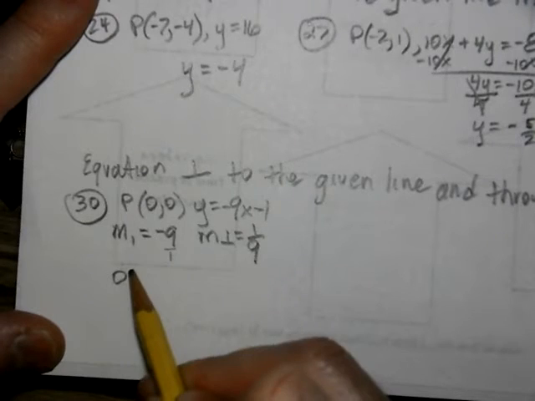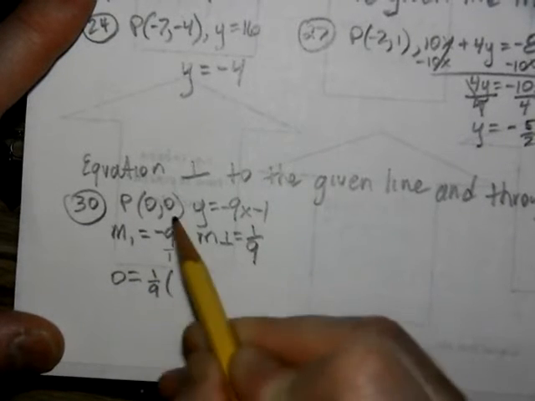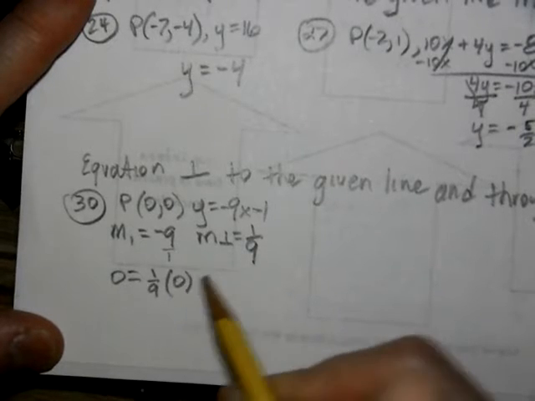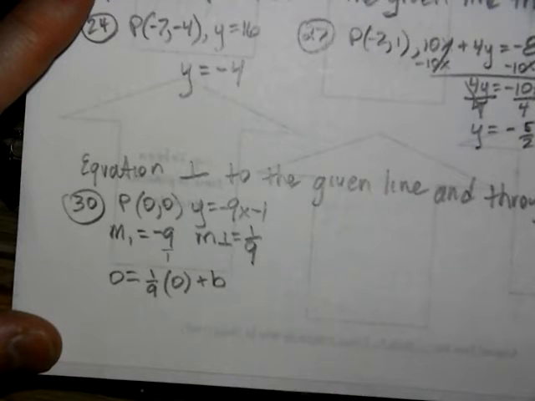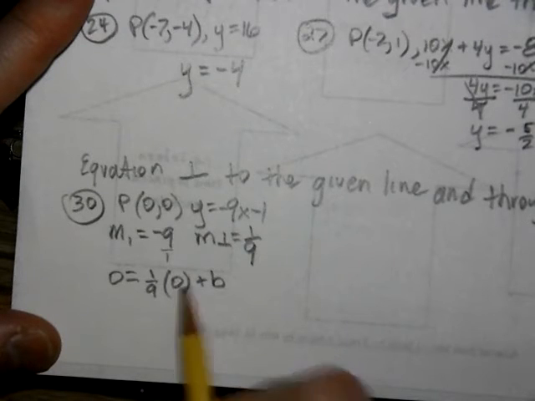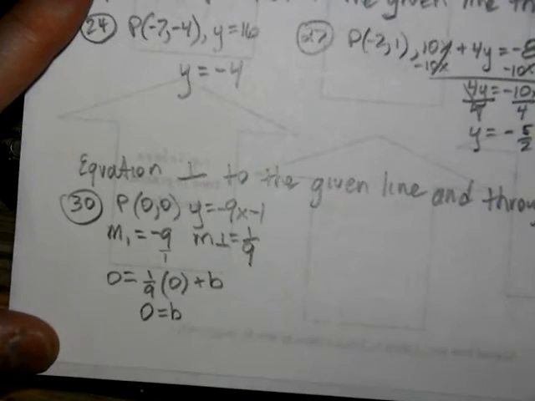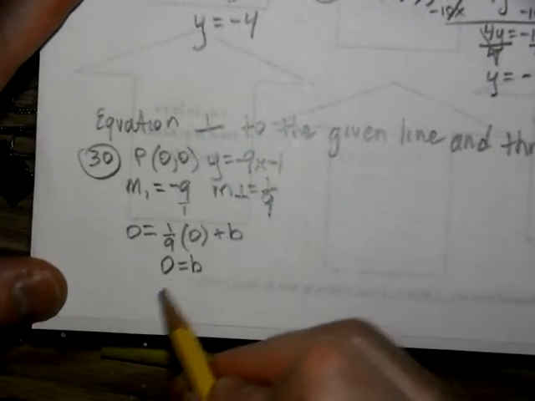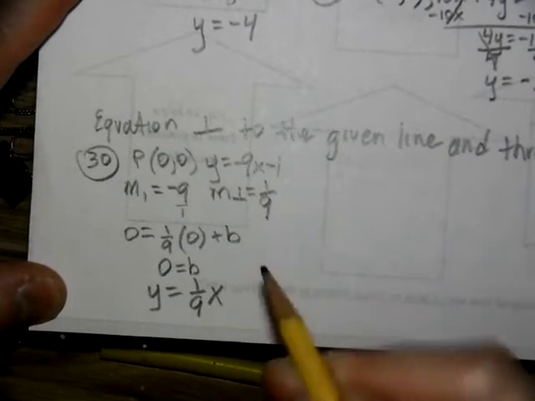So you could say 0 equals your slope times 0 plus b, 0 for your y, 0 for your x. So the b value is going to turn out to be 0. So your final equation is just y equals your slope x.